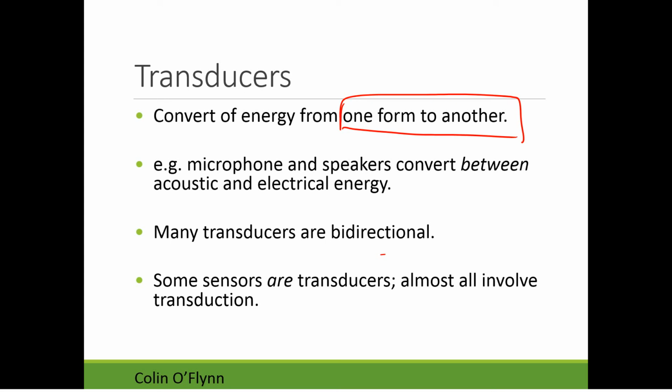Some work just as well either way, like a motor and a generator. They're both transducers, converting rotational energy into electrical for the generator, or electrical energy into rotational. For the most part, you can consider them the same physical item, with no optimization.